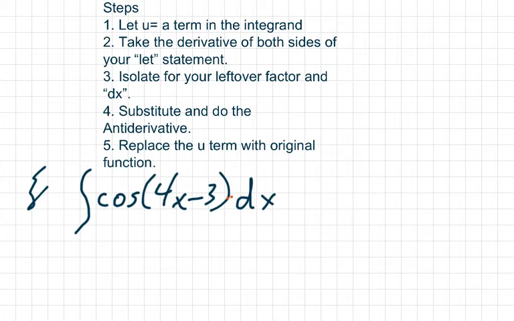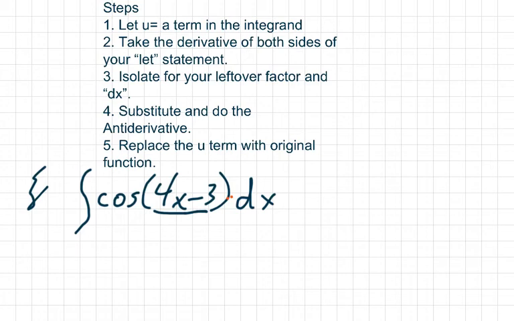So in this question, you're not going to just let u equal cos, because you're taking the cos of something. So you could let u equal cos of something, or you could let u equal just the 4x minus 3. Or in some cases, some people let u equal whatever the other factor is with dx. Usually when it's just dx by itself, you don't let u equal that.